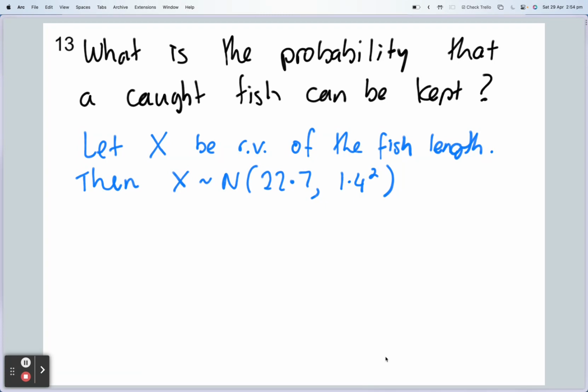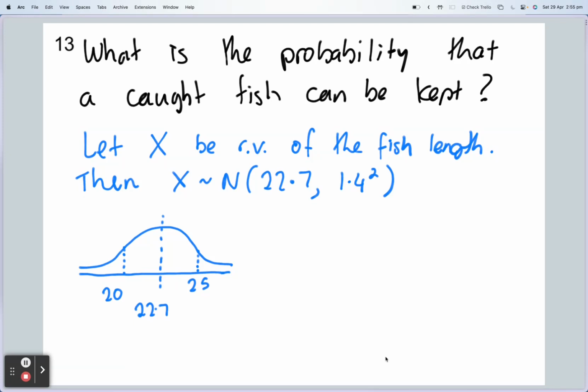Okay, second thing we're going to do is work out what the diagram would be. So we have a normal distribution and we have a mean of 22.7. We have a minimum length of 20 and a maximum length of 25.